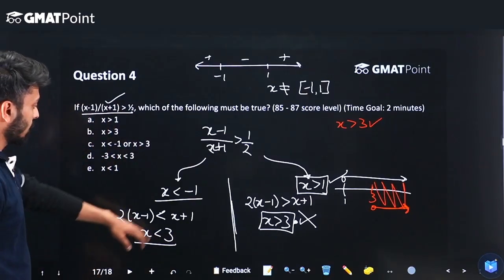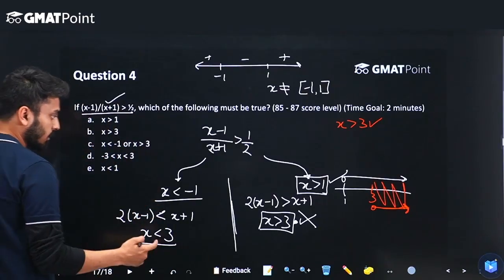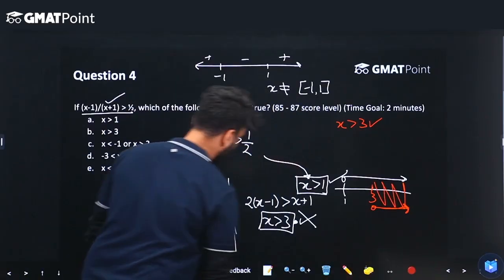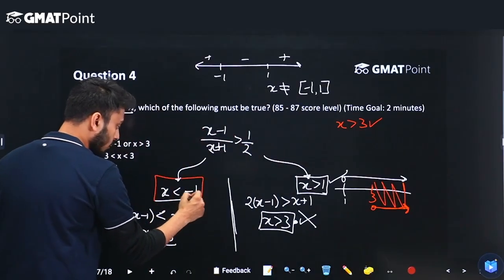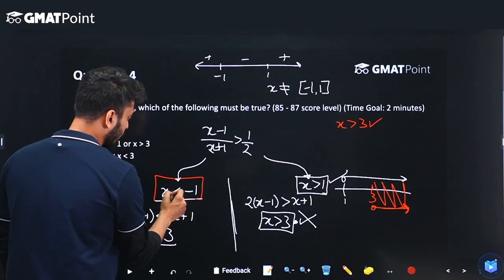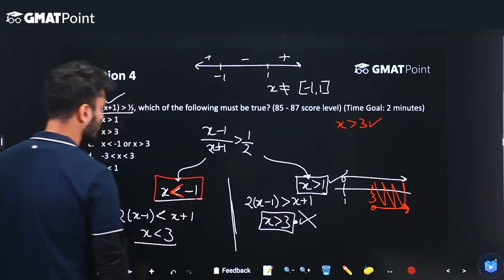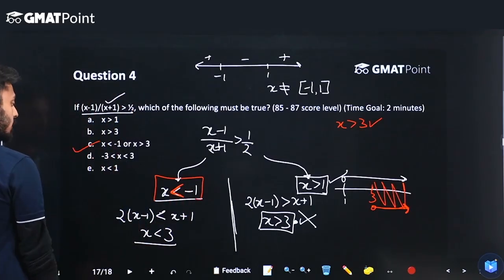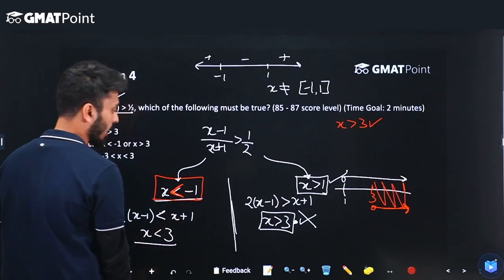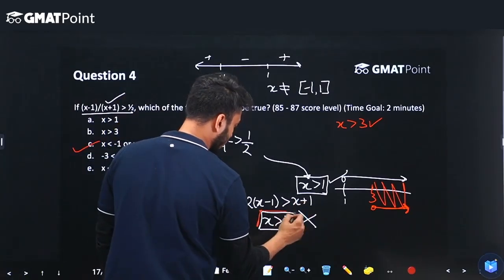So now I have these two constraints. In this case, the harsher constraint was my assumption constraint. So I must have x is less than minus 1. So our option is answer C, because this is a valid region and so is this.